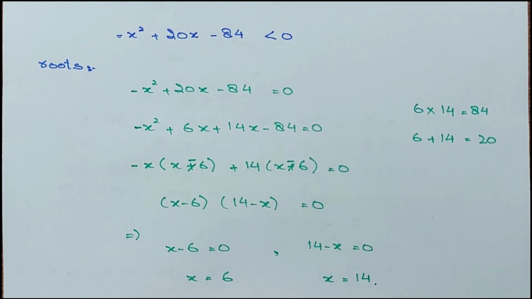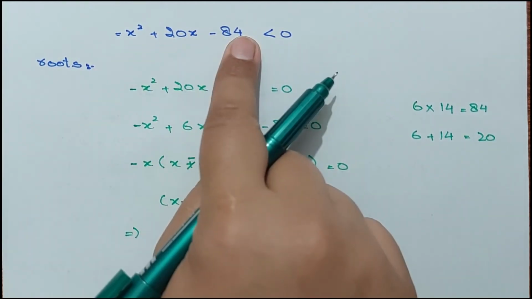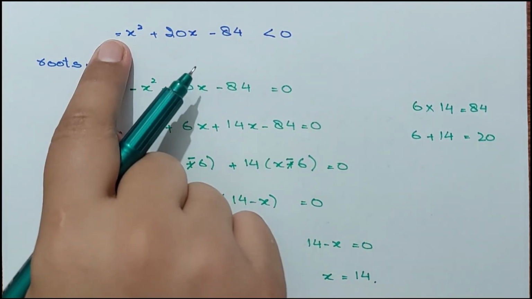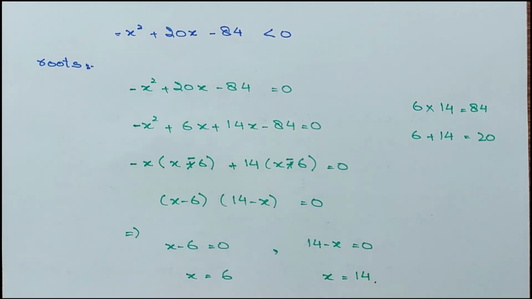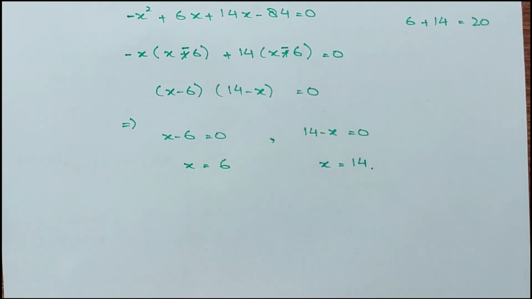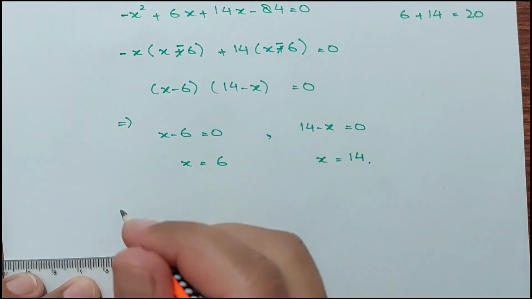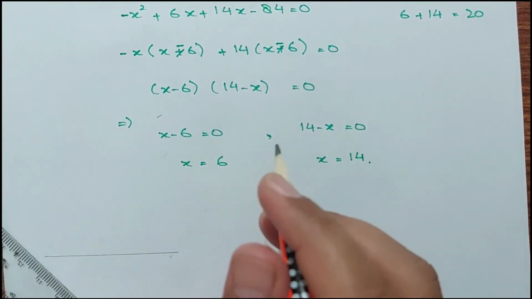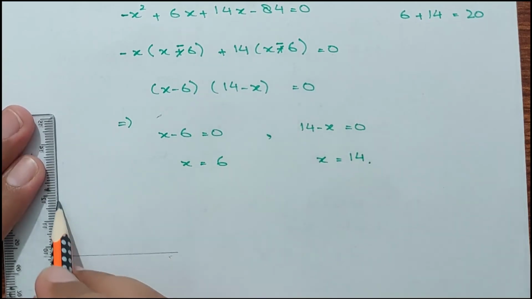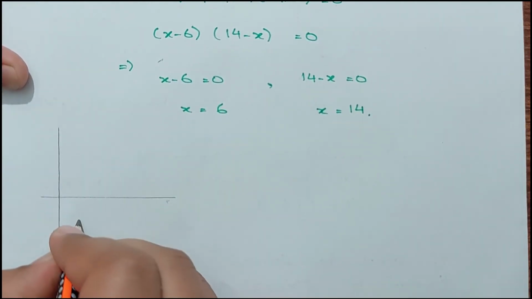We have two factors, 6 and 14. Now this is a quadratic equation, and the leading coefficient is negative. It means the parabola opens downward, and we have two factors, 6 and 14. Let me draw this first. Both are positive.